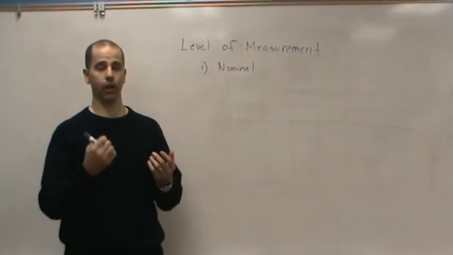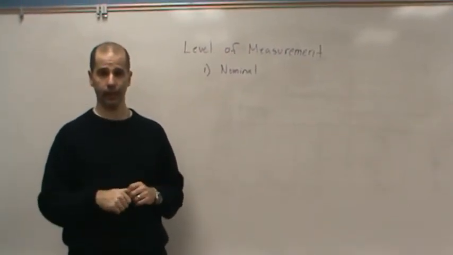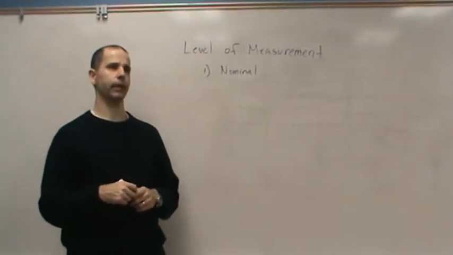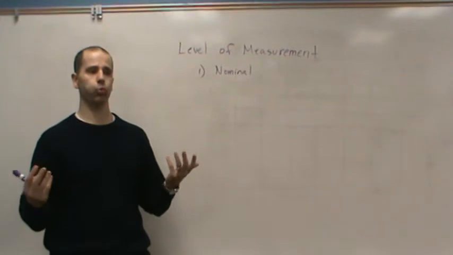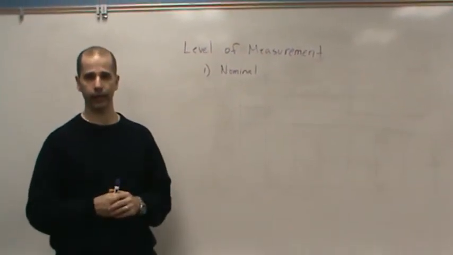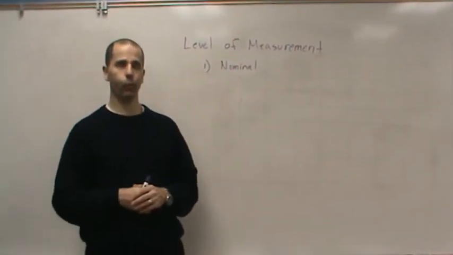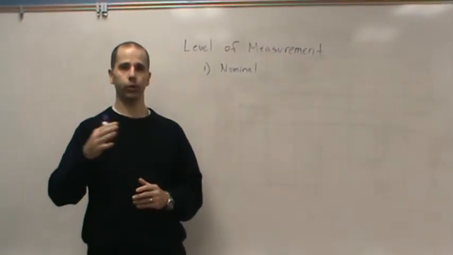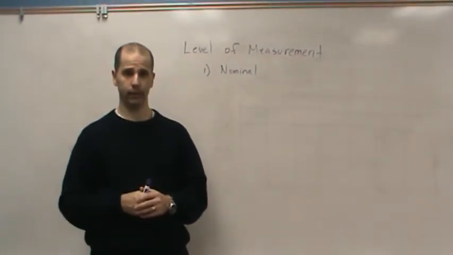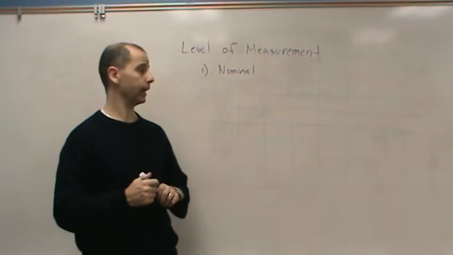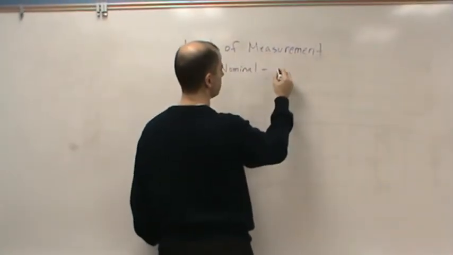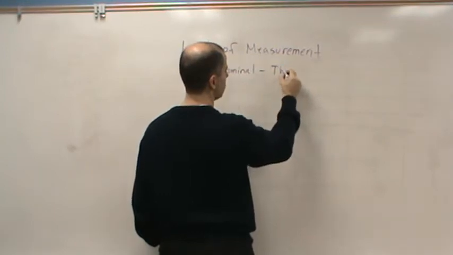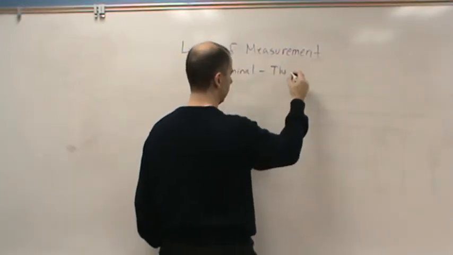This would be an example of like eye color. Eye color is categorical, but there's no ranking or order to eye color, right? It doesn't matter what order you list them in, okay? There's no ranking. So nominal data or nominal level of measurement means that there's no discernible order or rank.